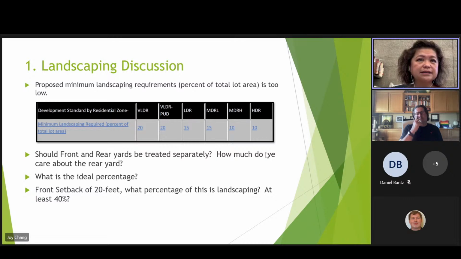The mayor was asking, should front and rear yards be treated separately? And if so, how much do we care about the rear yard? And is there an ideal percentage? He also identified the front setback of 20 feet: what percentage of this is landscaping? Should it be at least 40%?